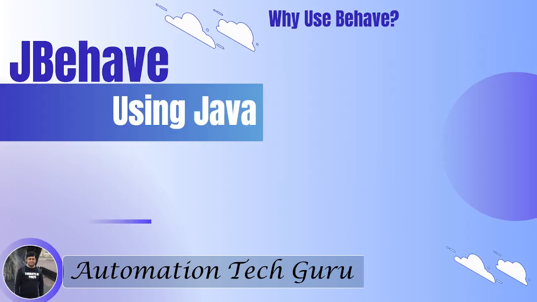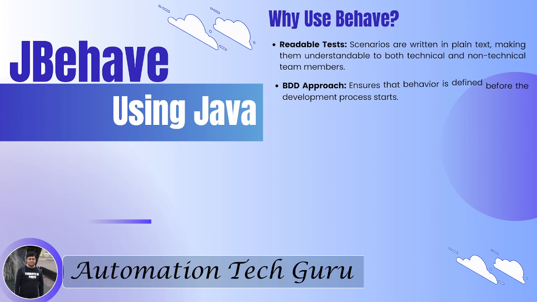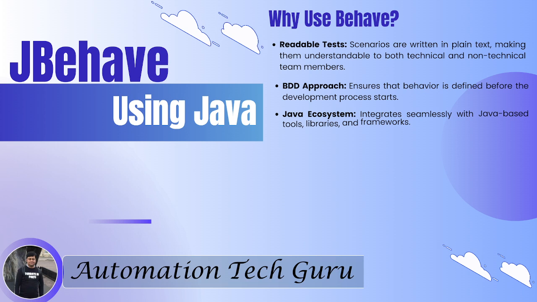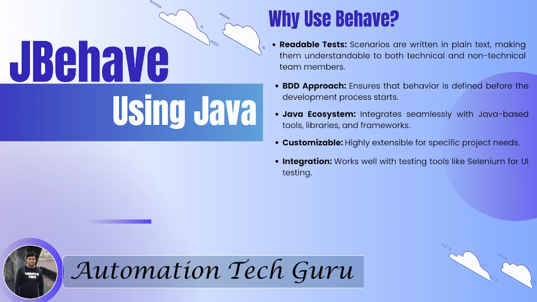So why use JBehave? Readable tests: you can write test cases in plain text, making them understandable for both technical and non-technical people. BDD approach: ensures that behavior is defined before the development process starts. Java ecosystem: you can integrate seamlessly with Java-based tools, libraries and frameworks. Customization: highly extensible for specific project needs. Integration: you can integrate well with tools like Selenium for UI.